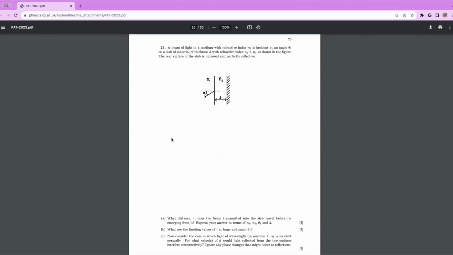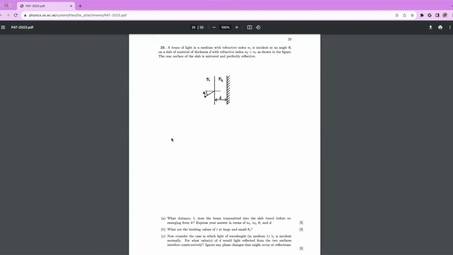Okay. A beam of light in a medium with refractive index n1 is incident at angle θ1 on a slab of material of thickness d with refractive index n2, which is greater than n1, as shown in the figure.